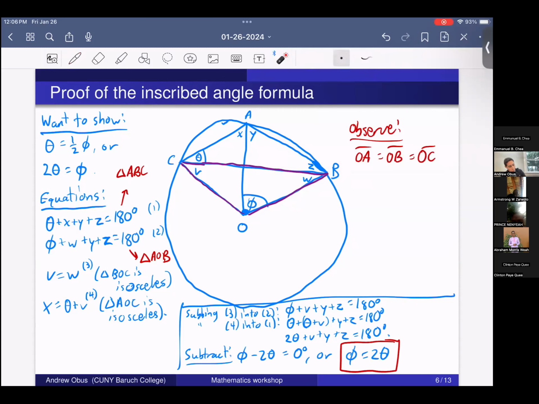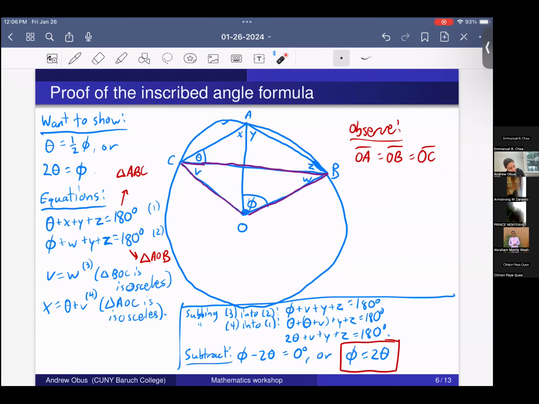We wanted to show that phi was equal to 2 theta. And so we drew all these angles, and then we get all these equations, one coming from this triangle ABC, where the sum of these angles is 180, one coming from this triangle AOB, where the sum of all of these angles is 180.